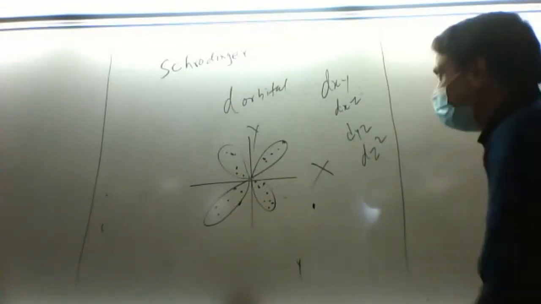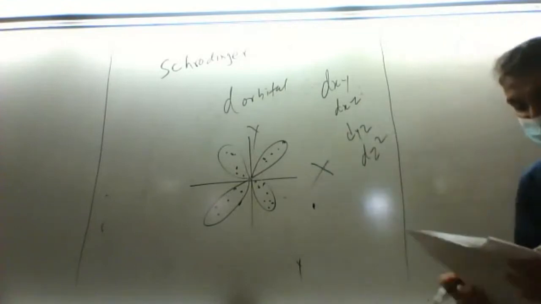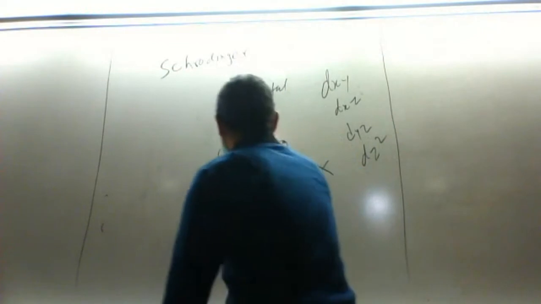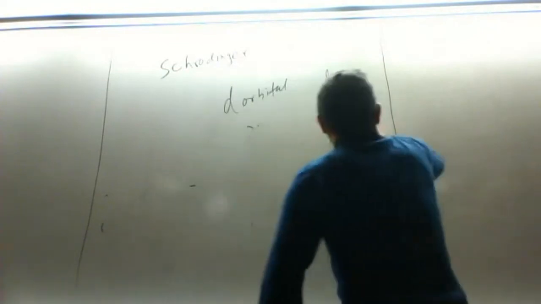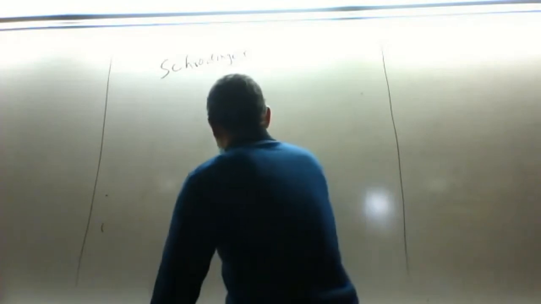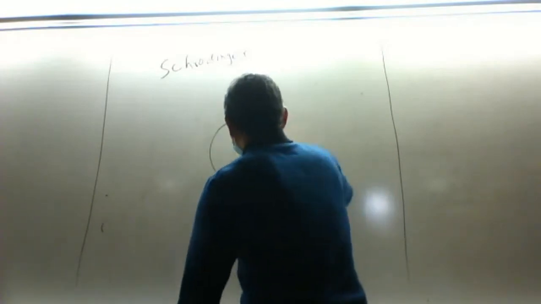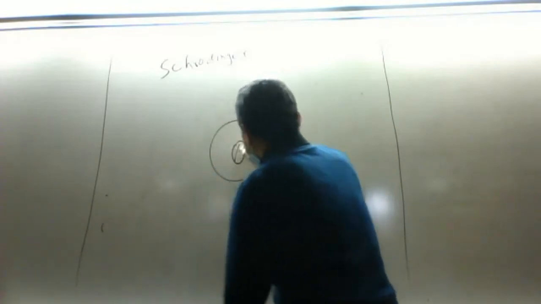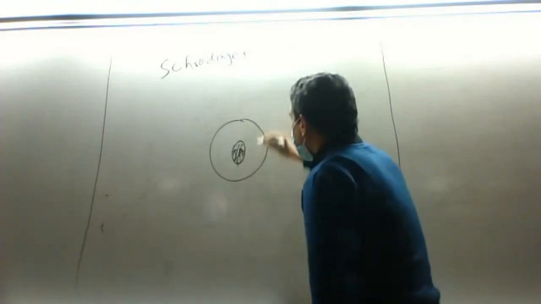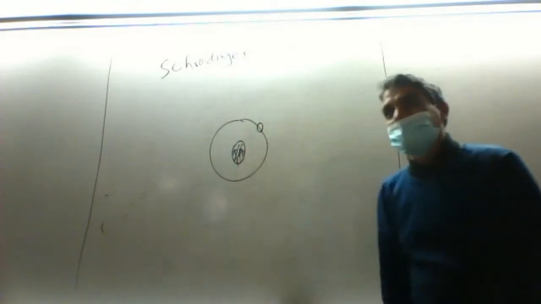So that's it. These are the orbitals, and let's talk about the size of the orbital. Suppose this is the first orbit. Here is a proton and neutron, right? The proton and neutron are the nucleus, and this is the first orbit, so the electron is here.